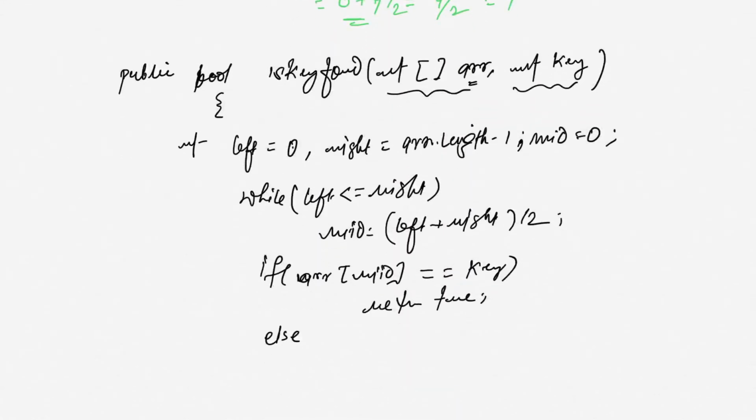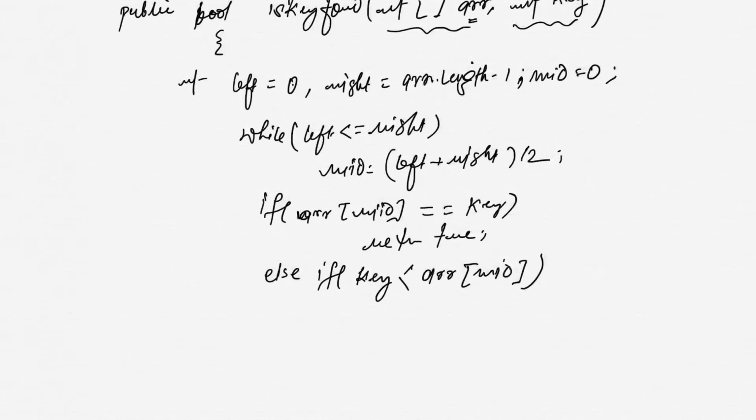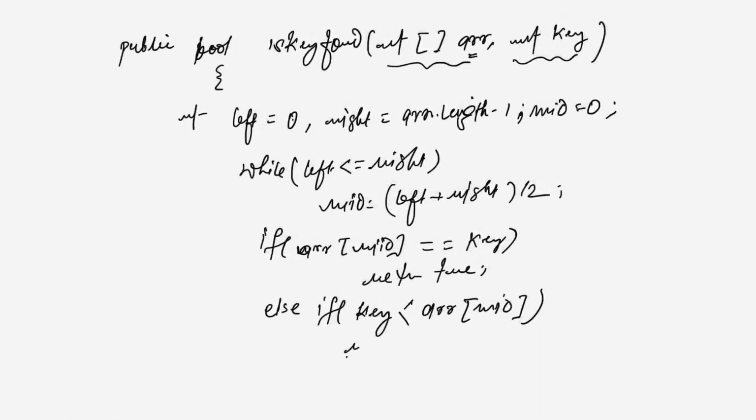Else if key is lesser than array of mid, then we are going to search in the right side.